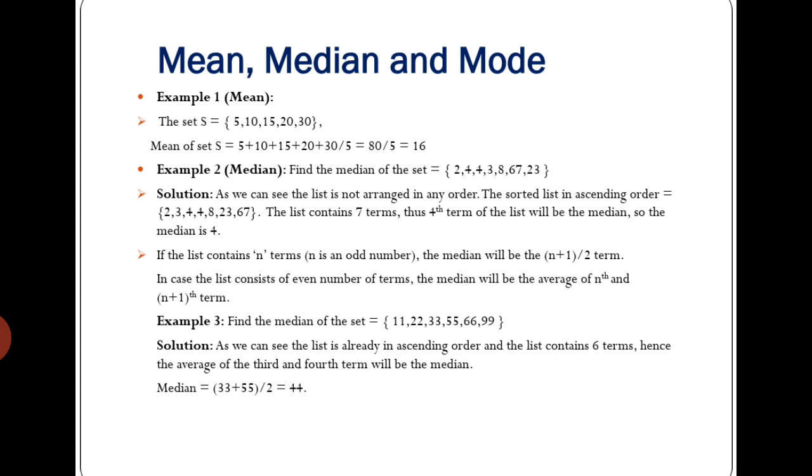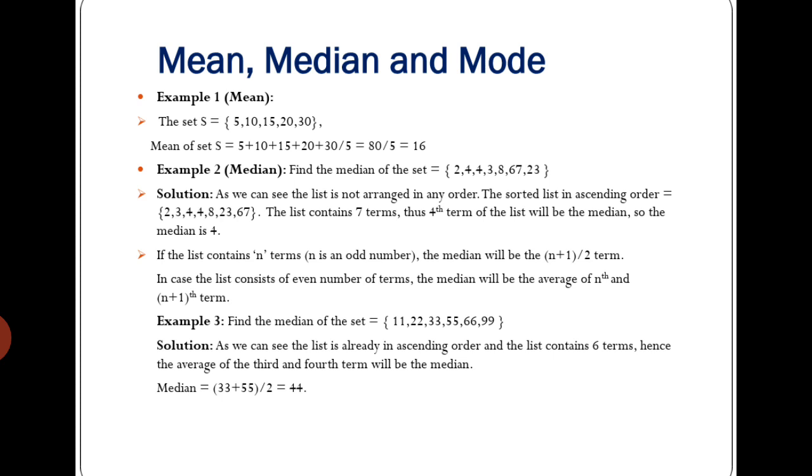The mean of the set is the summation of all these data values, 5, 10, 15, 20, and 30. The summation is 80, divided by 5, since there are 5 terms, so you will get the mean 16. So the mean of the data set is 16.